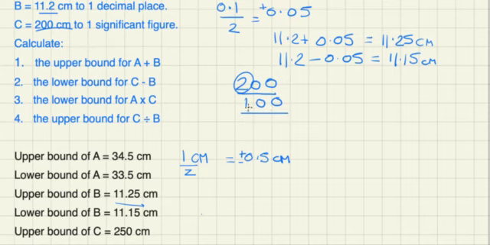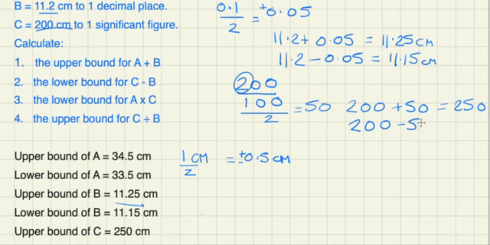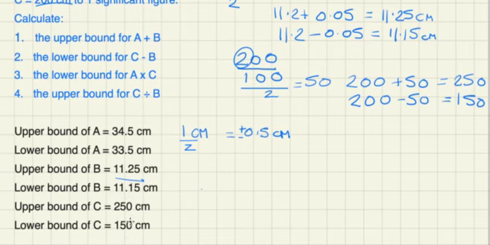And then all you do is, it's 100 divided by 2, which equals 50. So the upper bound for C is 200 plus 50, which equals 250 centimetres. The lower bound is 200 minus 50, which is 150. And that's where we get this from. So over here, down at the bottom, this is the 250 and this is the 150.